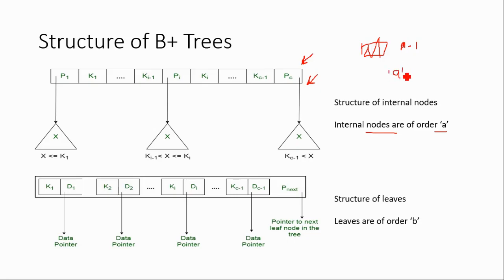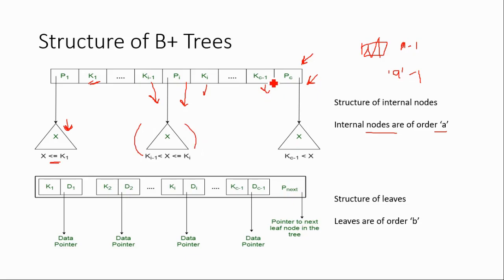So a similar constant is there, and you can see that the order is there. These are key elements, and all elements before k1 are stored in a particular left subtree. This is similar to what we have studied in B trees. Then you can understand that this is k(i-1), this is ki, and this is the pointer to the subtree which contains all nodes between these two. And then this is the final element.